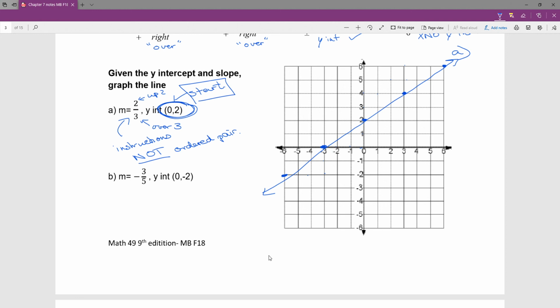If I put B on my graph here, I have an intercept of -2, so 0 and -2. You always start with the point. And then this instruction tells me to go down 3 and over 5 to get to the next. So from my point, I go down 3 and over 5.